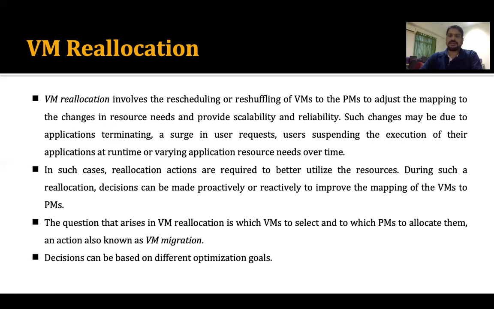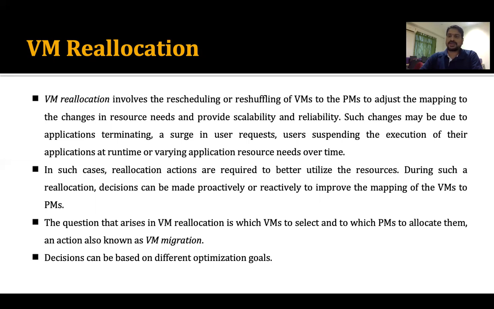Such changes may be due to application termination, a surge of user requests, users suspending the execution of their applications at runtime, or varying application resource needs over time. So there are some old configured virtual machines that may be restarted. To map them, we need the reallocation.